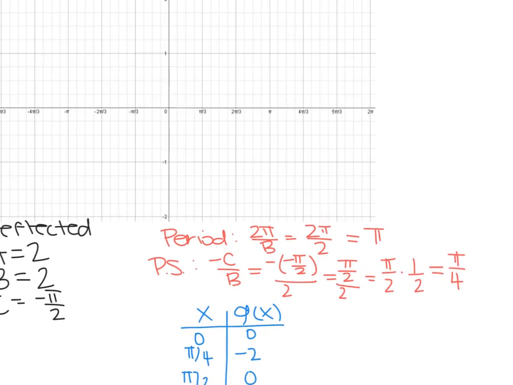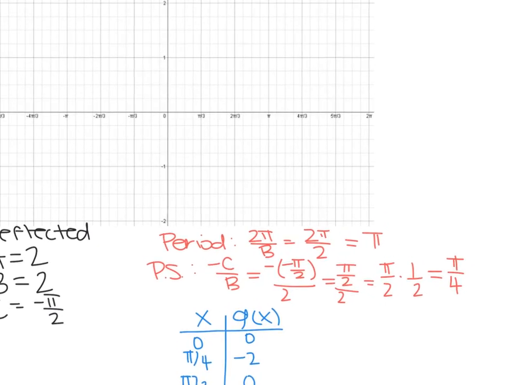So we start at 0, 0. And then at pi over 4, we're going to have negative 2. At pi over 2, we'll be at 0. At 3 pi over 4, we'll be at positive 2.